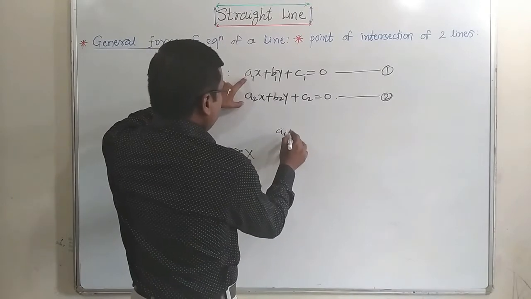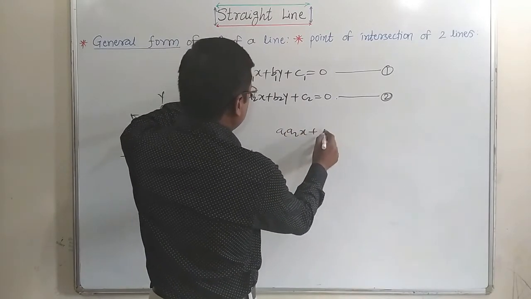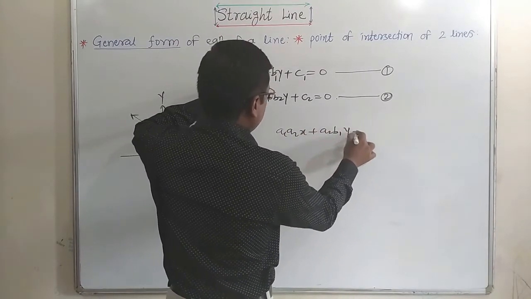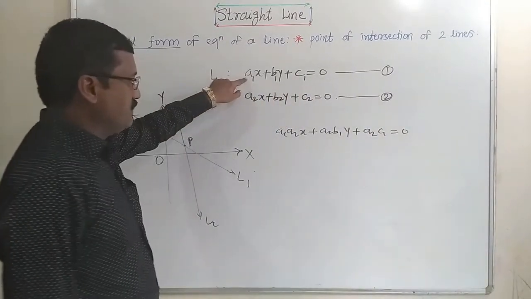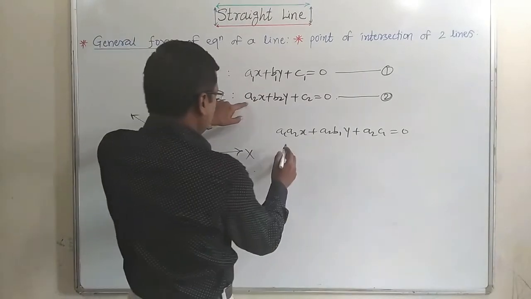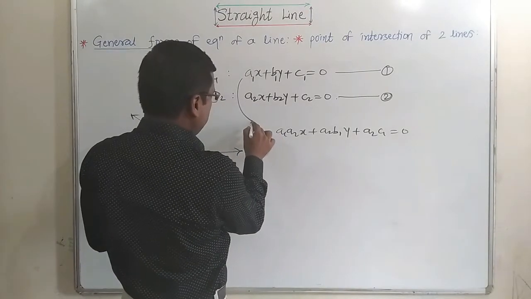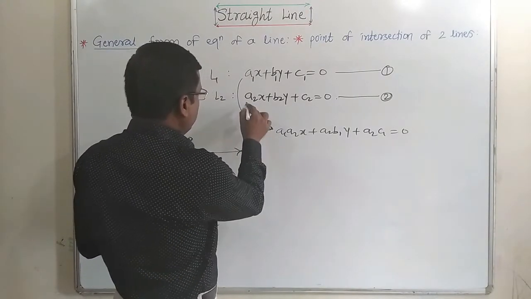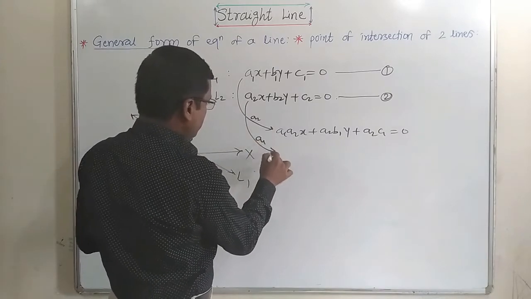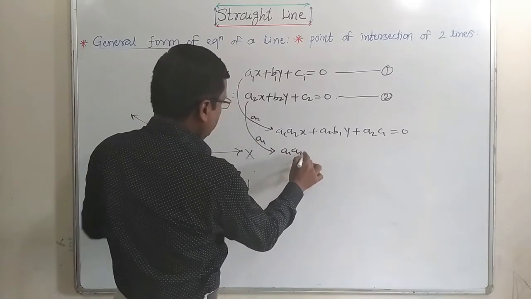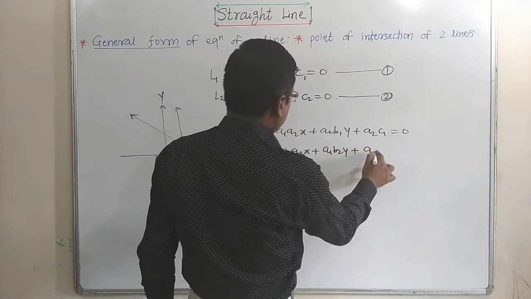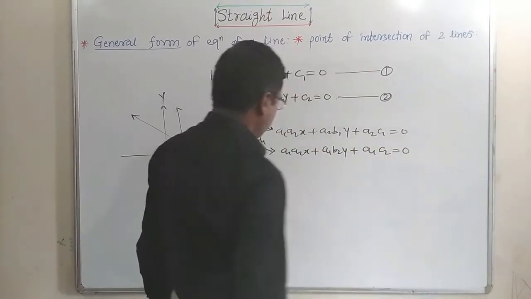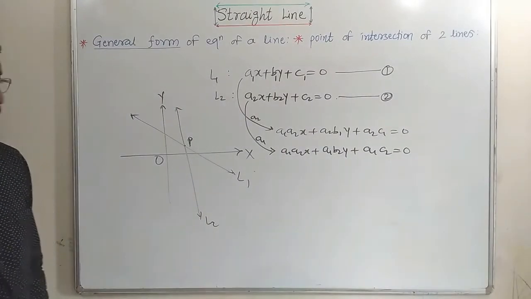So we get a1 a2x plus a2 b1y plus a2 c1 equal to 0. Means multiplying equation 1 by a2 and multiplying the second equation by a1, we get a1 a2x plus a1 b2y plus a1 c2 equal to 0. We get these two new equations after multiplication.